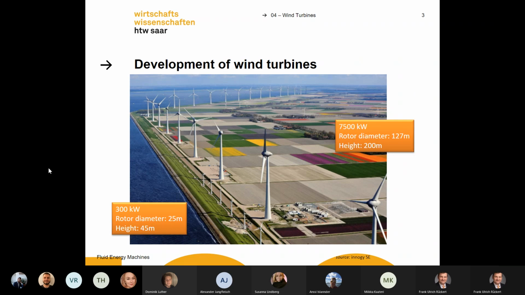Let's have a small look at the development of wind turbines during the last years. This is a nice picture of the Netherlands. Yeah, you can see here is the seaside, the North Sea. We have a dam, and if you have been to the Netherlands, you know it's a really flat country.